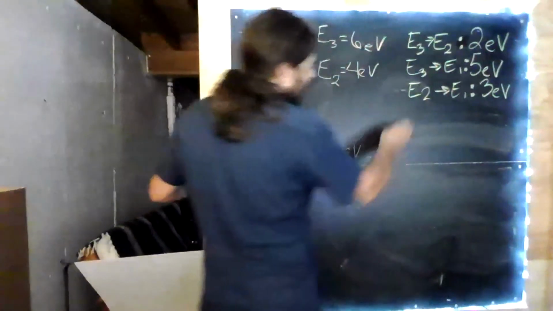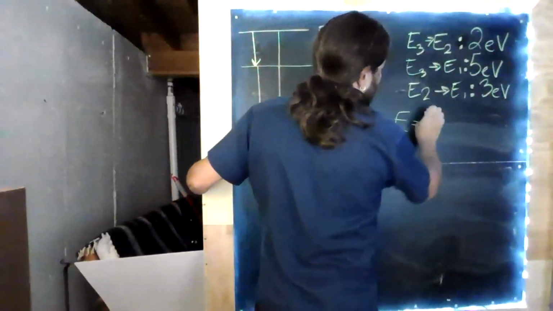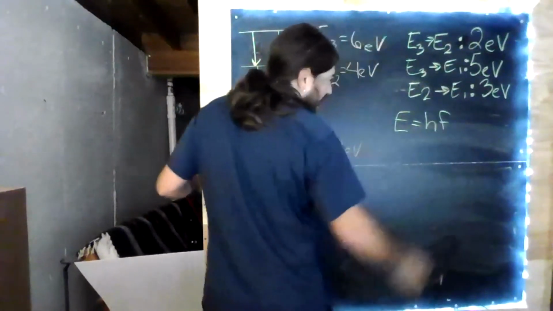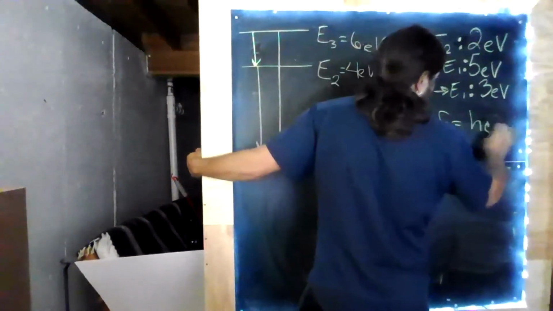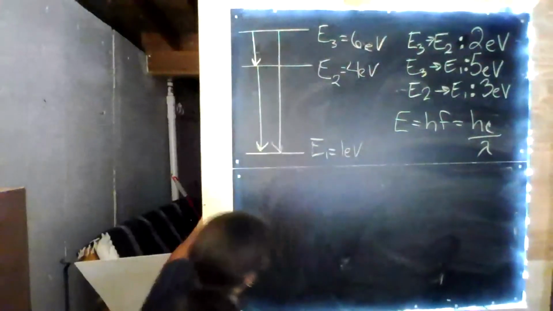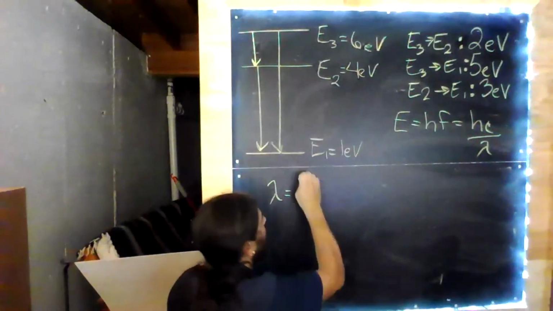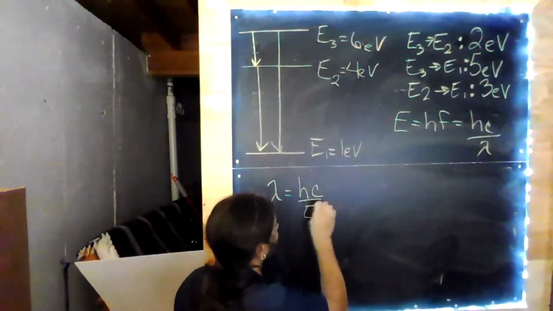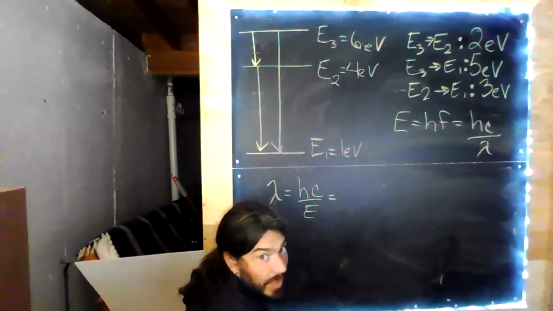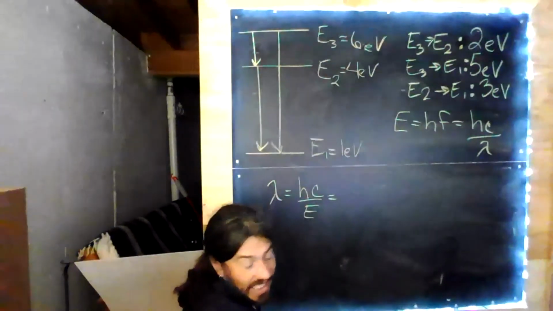We know that E equals h times f. As we've done a number of times, we can write this as hc over lambda, which means that lambda equals hc over E. So this is a good time to use h in eV.